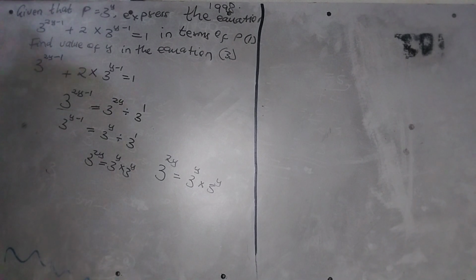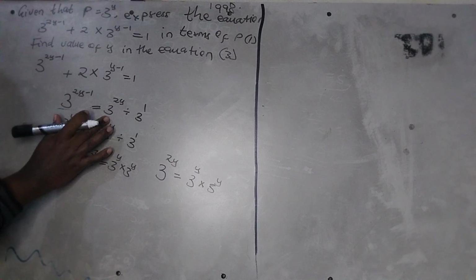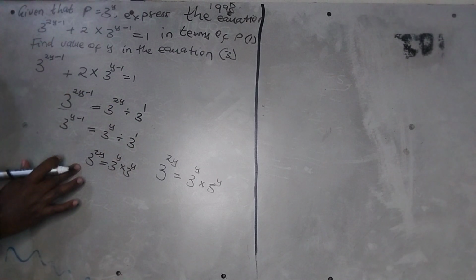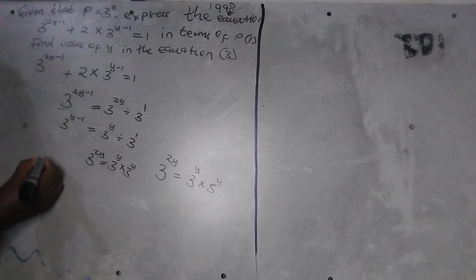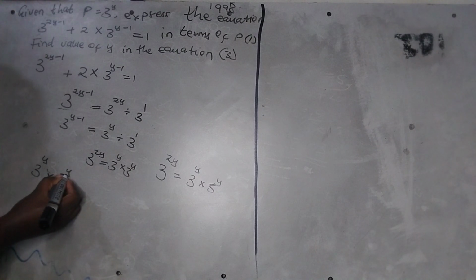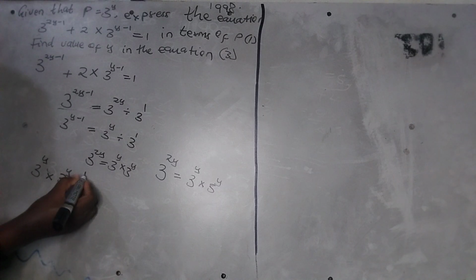Now, let us continue and write our expression in a simpler format. 3 to power 2y minus 1 becomes 3 to power 2y divided by 3 to power 1, whereby we said our 3 to power 2y is 3 to power y multiplied by 3 to power y, then divided by 3 to power 1.